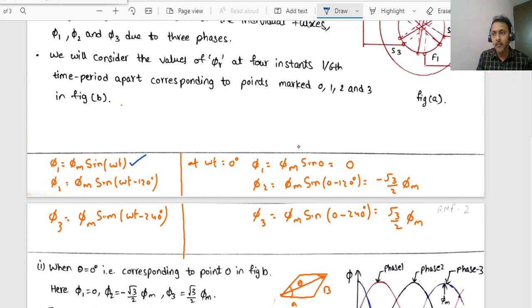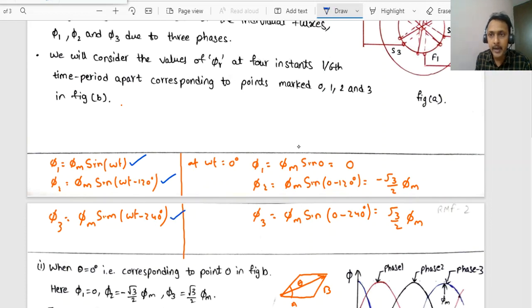Similarly, the flux generated due to the second phase, let it be phi 2, is mathematically represented as phi 2 equals phi m sin of omega t minus 120 degrees. So phi 3 equals phi m sin of omega t minus 240 degrees.